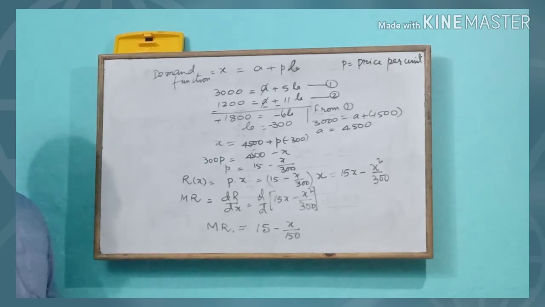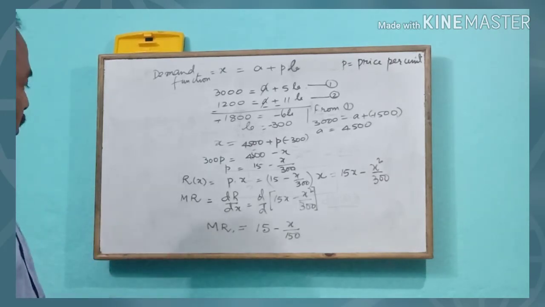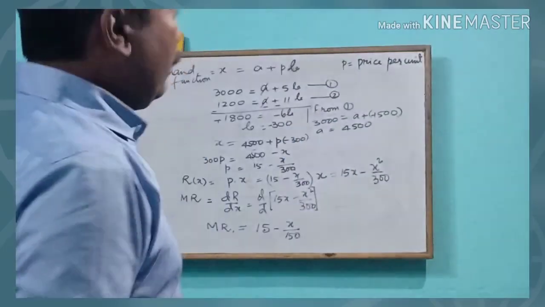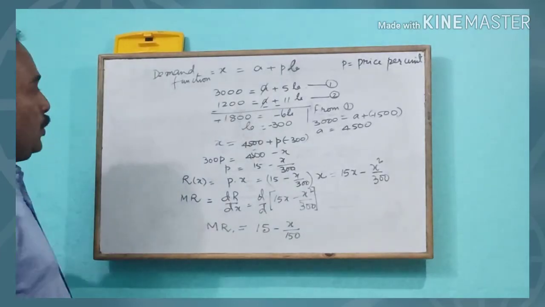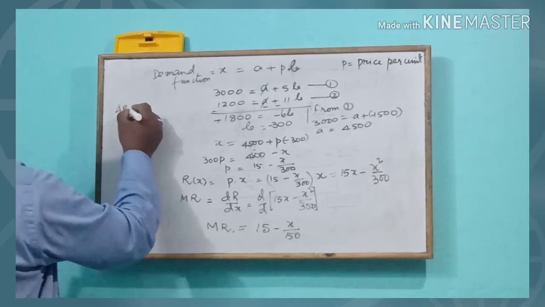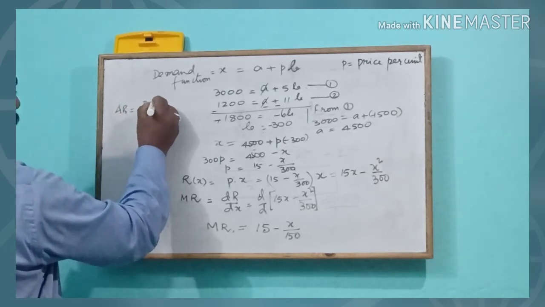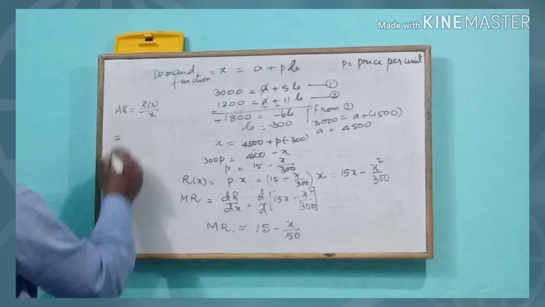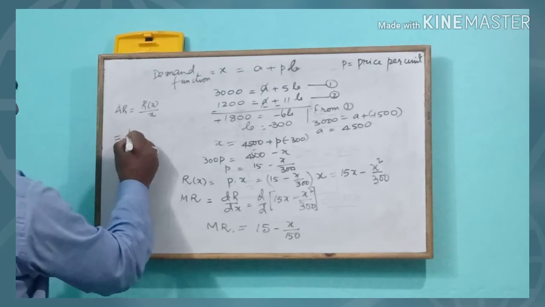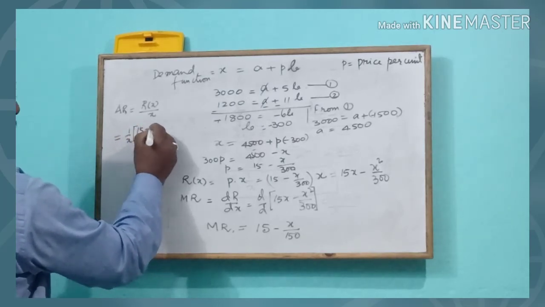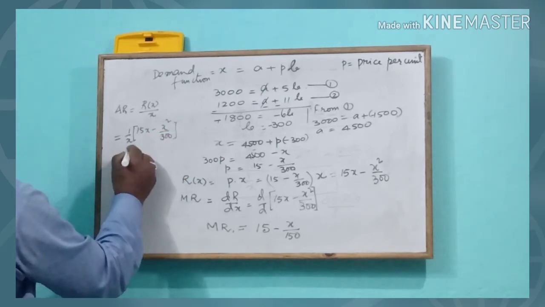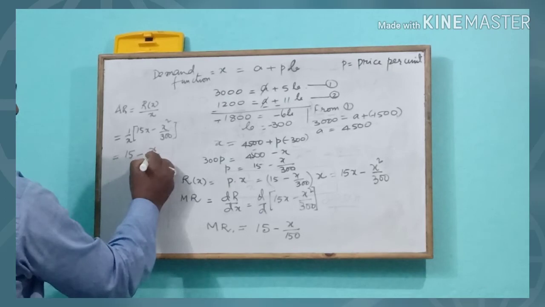So we have got all of them: demand function, revenue function, and the marginal revenue function. Now we have to find the average revenue function also. So average revenue function is average revenue, that is revenue function by the number of units, that is 15x minus x square by 300 divided by x. So 15 minus x by 300.